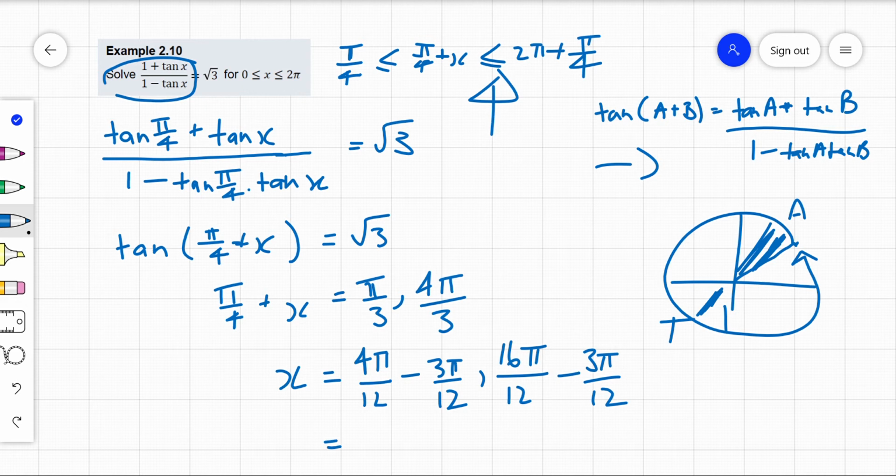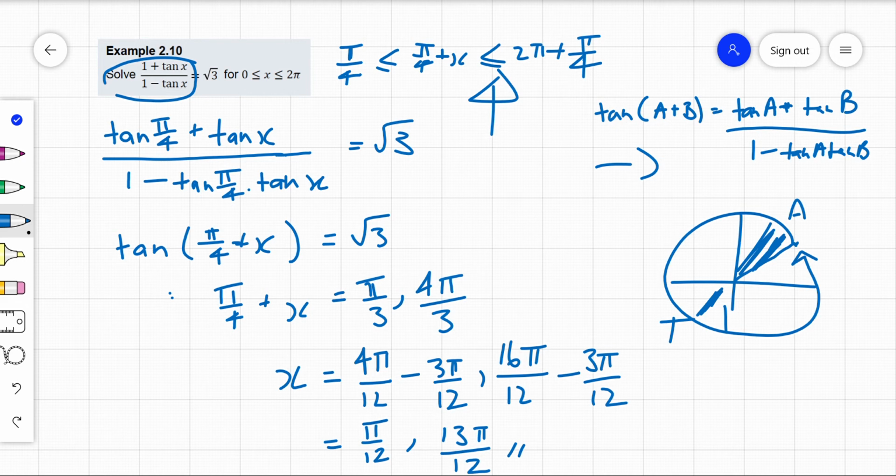So we get pi on 12, and we get 13 pi on 12, I hope that's right, but of course you can use a calculator, but we're getting those two answers. So that's a fun way to use your compound angles.